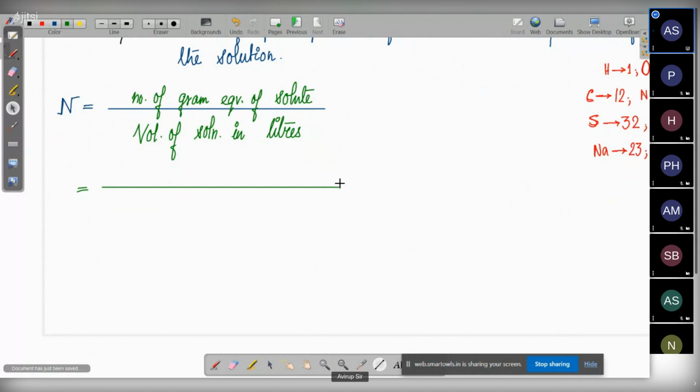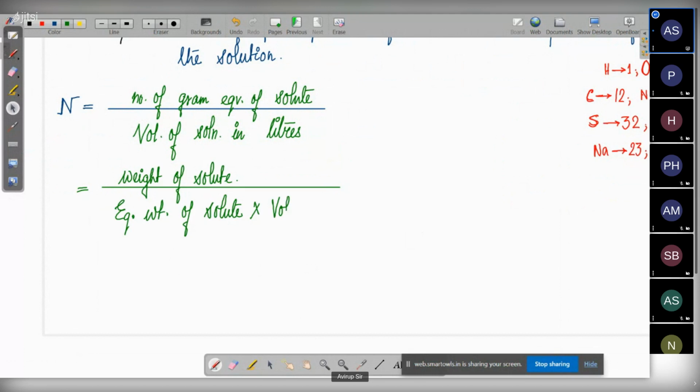Number of gram equivalent is calculated by weight of solute divided by the equivalent weight of solute into volume of solution in liters. So this is how you calculate the value for number of gram equivalent.